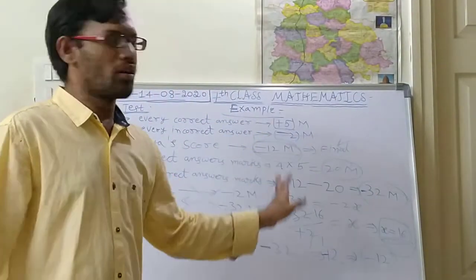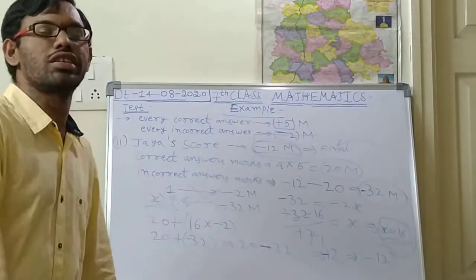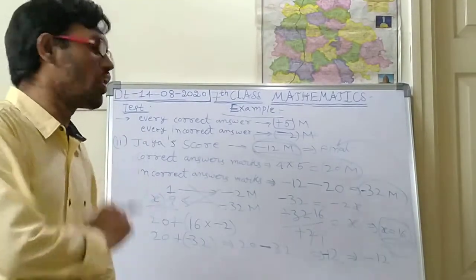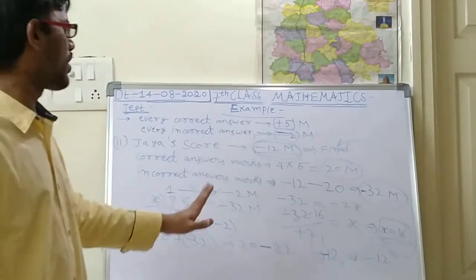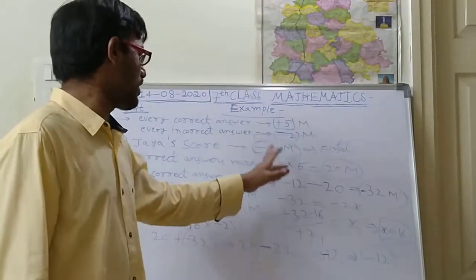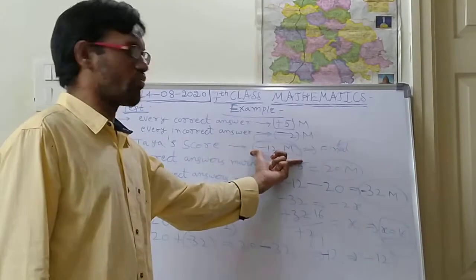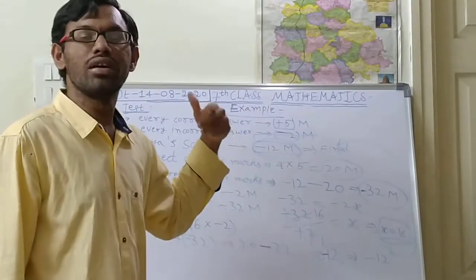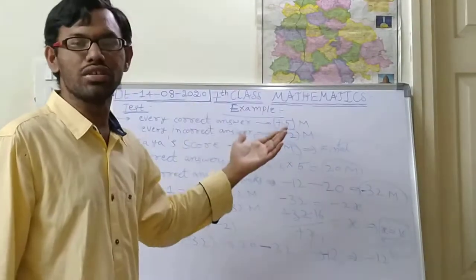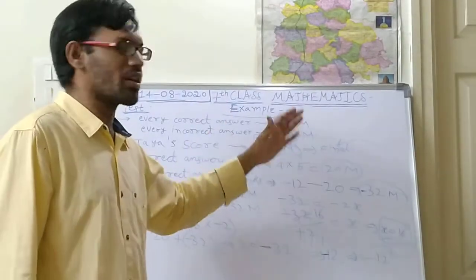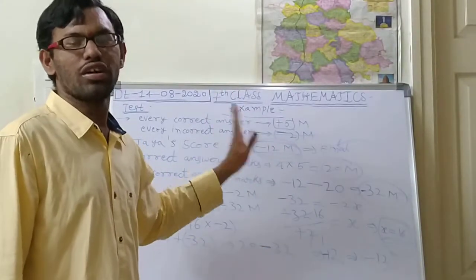So this is how you have to do this problem. I think you have understood this problem very easily. So there are no doubts, children. Just consider the final marks as the top marks, that means the highest marks, the total marks.